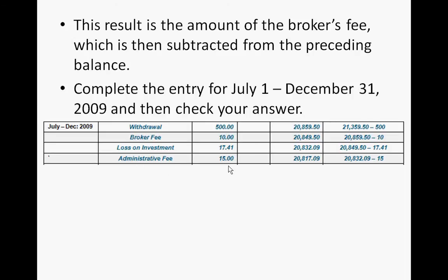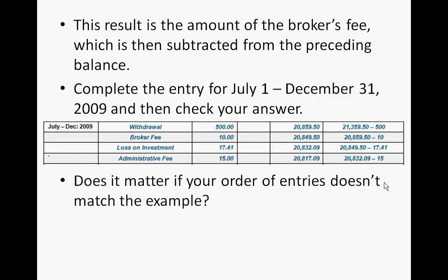And of course the administrative fee of $15. So all of these are separate subtractions. You have to do each one separately, and again write the expression that shows how we got the new balance. So if you did your math correctly, you should be right now at $20,817.09.